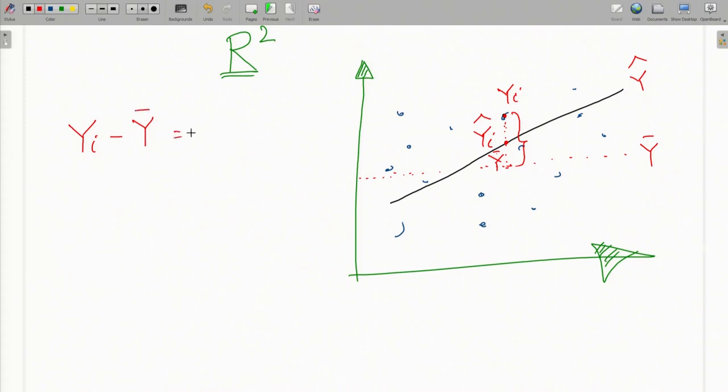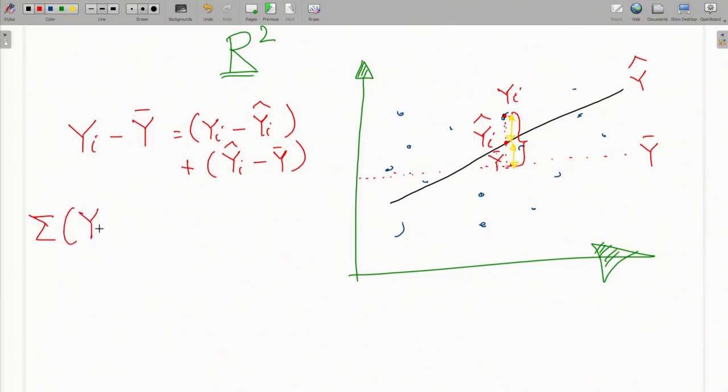Now, if I divide it into these 2 parts, using a different color, I can write it as yi minus yi hat, this is 1, and then I add yi hat minus y bar. To get the total deviation, we take the square and sum it up.